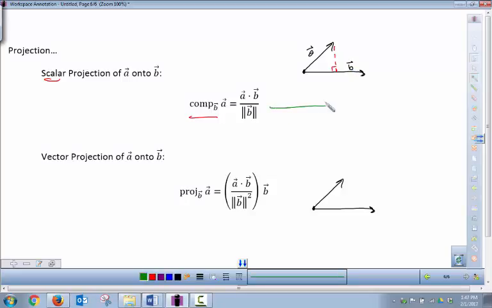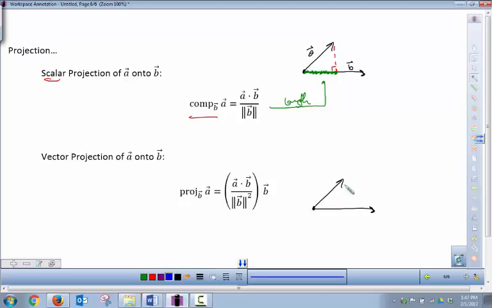And the component projection itself is the length of that shadow. So the length is a number. That's why they call it a scalar projection.